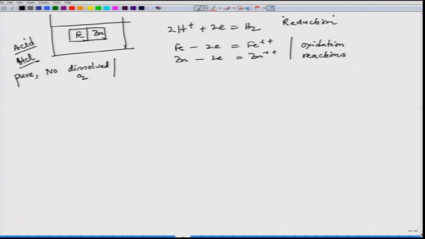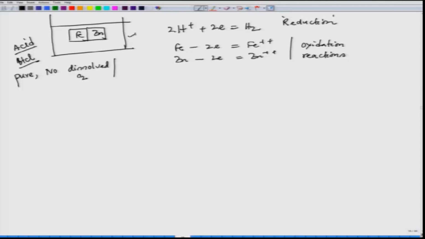Now, interestingly, when iron is individually dipped in HCl or zinc is dipped in HCl, their corrosion rates are considerably high. But once we have a galvanic couple of iron and zinc dipped in HCl, then we have both these oxidation reactions going on and one reduction reaction.